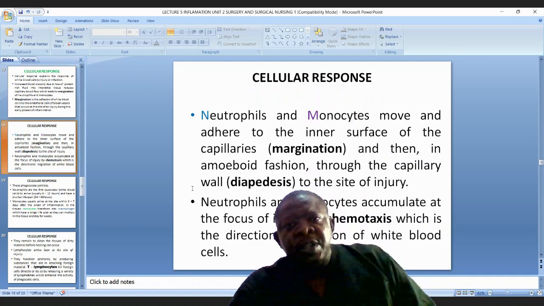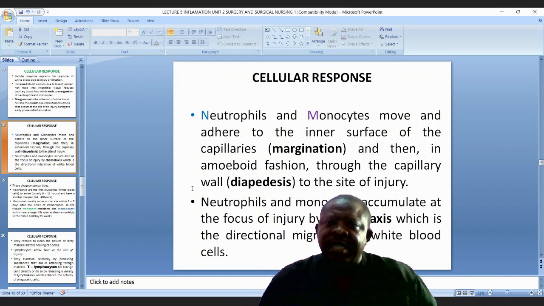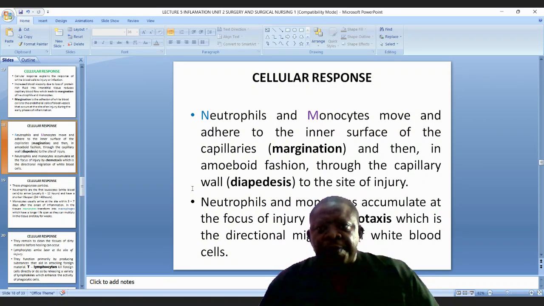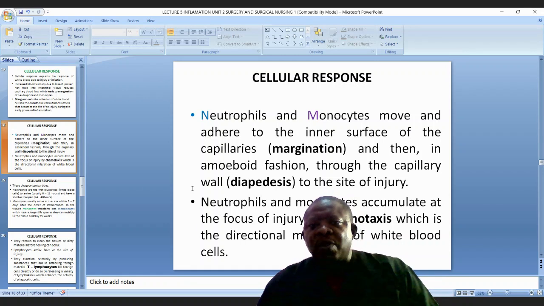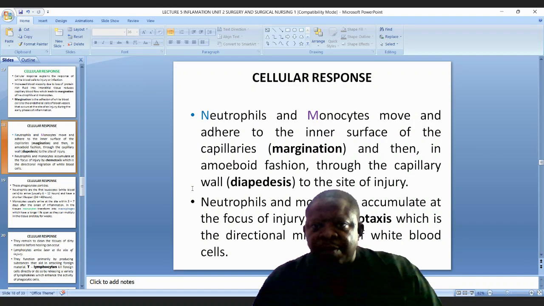So neutrophils and monocytes move and adhere to the inner surface of the capillaries. And then they move in what I would call an amoeboid fashion through the capillary wall. Okay, so now we also have, apart from margination, the movement of neutrophils and monocytes that move within the inner surface or the margins of the capillaries.